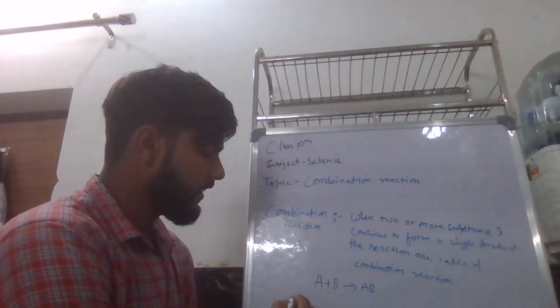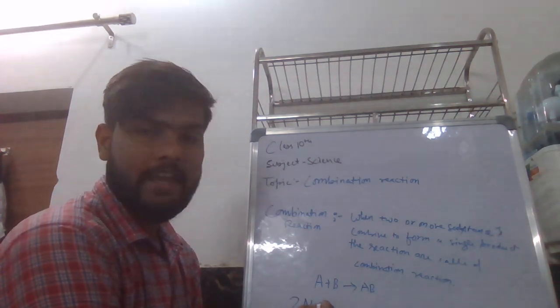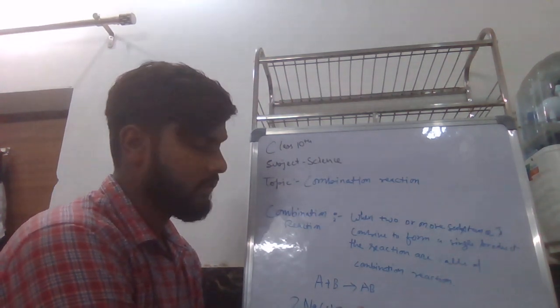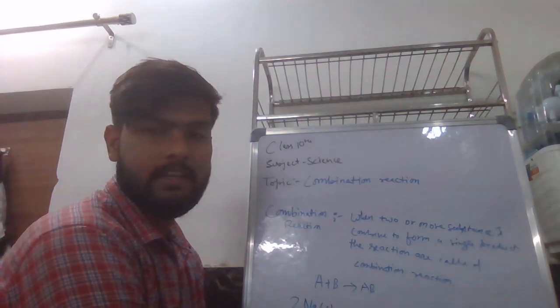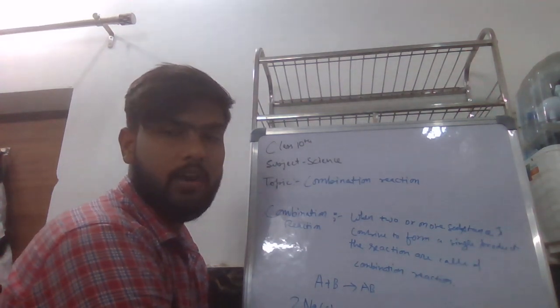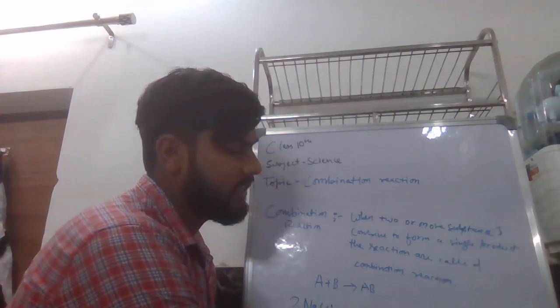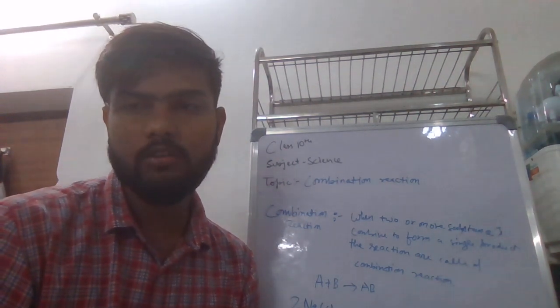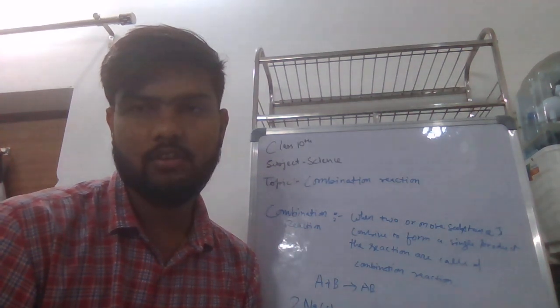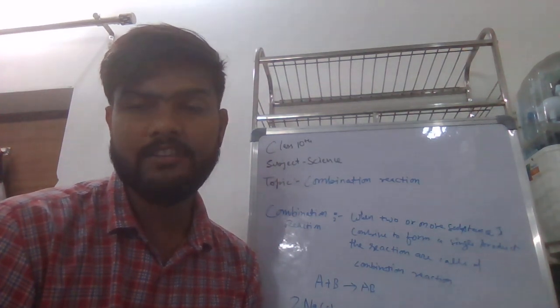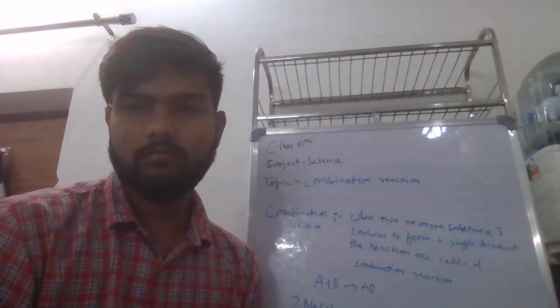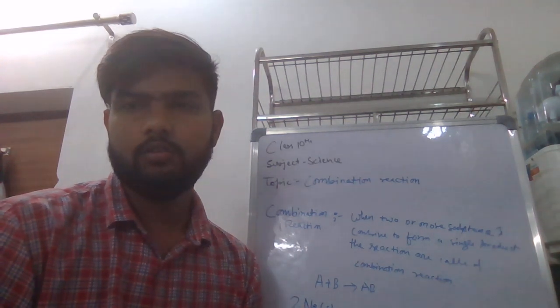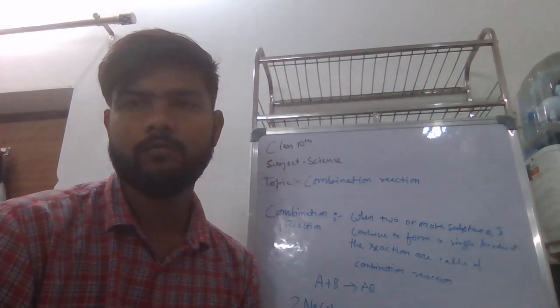Here we can see 2Na(s) plus Cl2(g) reacts to give 2NaCl(s). I hope everyone is clear about this combination reaction. So let's move further.